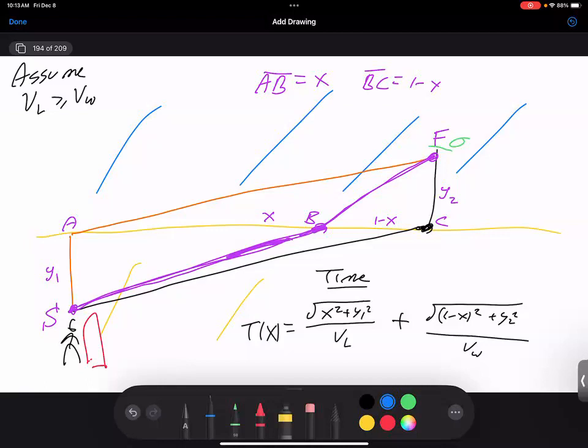So even if the path is longer, in the path going from A, we're spending so much time in the water and so little time on land that it seems clear that that's a bad thing to do. For path C, it might be a little bit longer, but if we're spending more time on land, I might be willing to do a longer path because I can travel faster on land. So it's not immediately clear that C is going to be bad, but I think it's pretty clear that A is going to be bad.